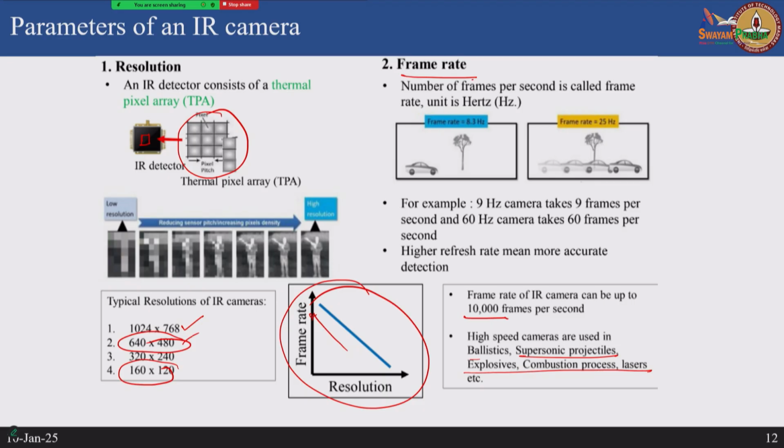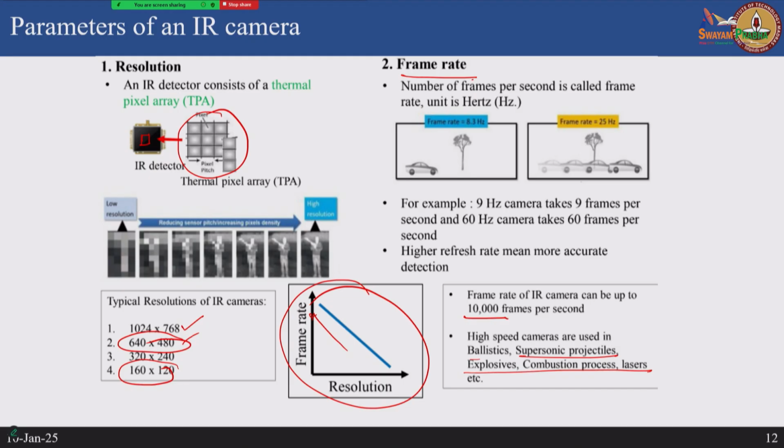So in that case the resolution that I am using will be much lower than the full resolution of the detector, and consequently I can operate this at much higher frame rates, because the product of frame rate and resolution is usually a constant because of many things. One is how the detector can process all this information and send it to the software.